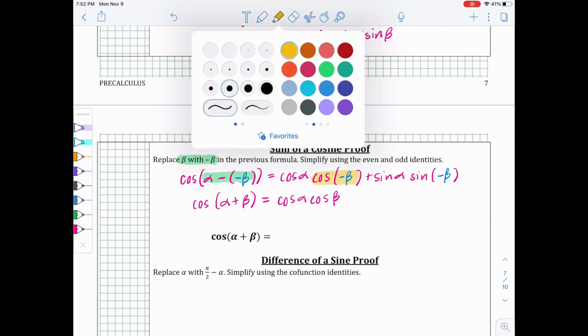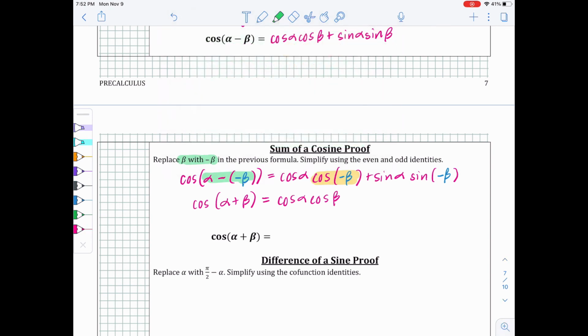The other term, when we have the sine of negative beta, because sine is odd, that negative actually does change the overall sign of that term. So we like to take that negative and shove it all the way to the front of that term and change the sign of that. So that term would be negative sine of alpha sine of beta.